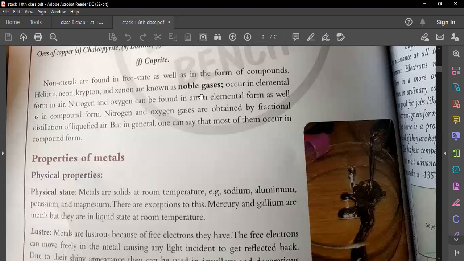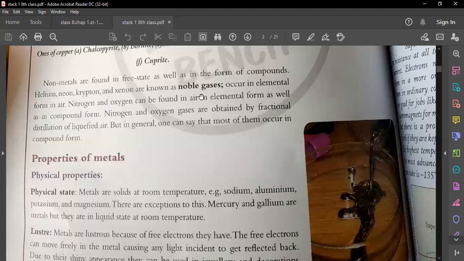So in total how many elements are there? 118 elements. In that only 79 are metals, 17 are non-metals, and 7 are metalloids. Metals exist in the earth crust in the combined state or the free state. In the free state, they exist in pure form only.